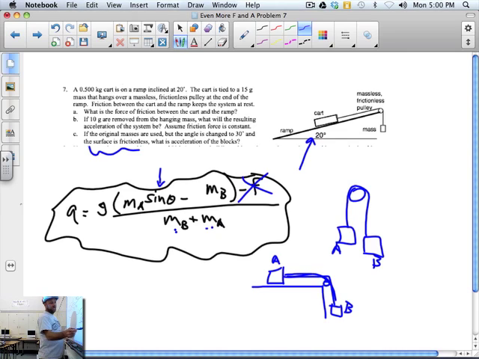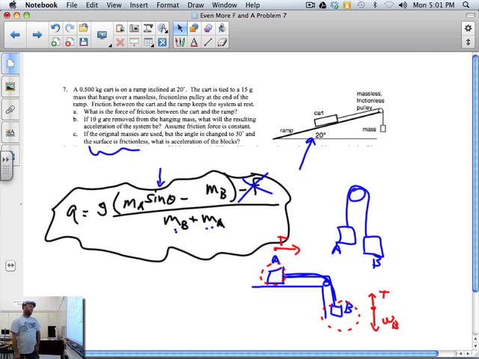You would have the weight of object B being bigger than the tension, right? And in this case, the tension would be your only unbalanced force on this object, A. So I wonder how we could get an acceleration of g here. How could we make this whole term equal to 0? Maybe at 45 degrees?